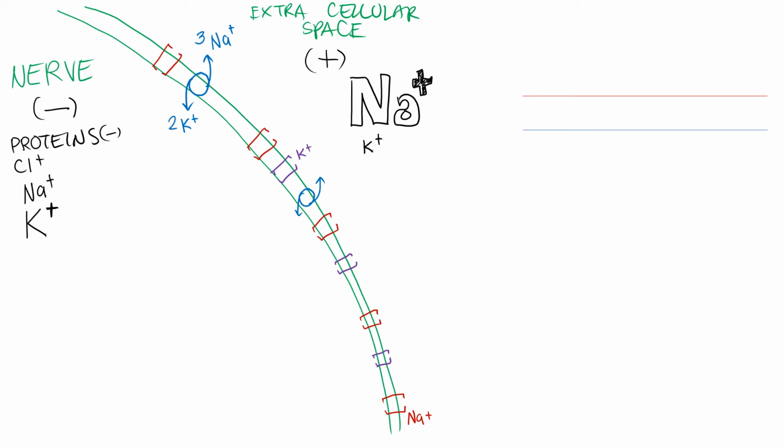So just by looking at the math, your sodium potassium pump is basically returning the homeostasis where there's a lot less sodium and more potassium inside compared to outside. Now, this is where it all stands.